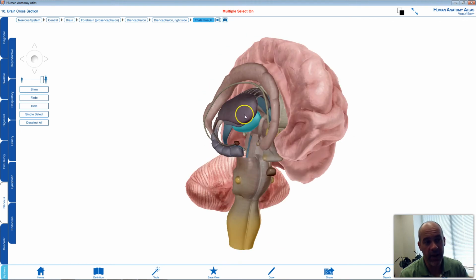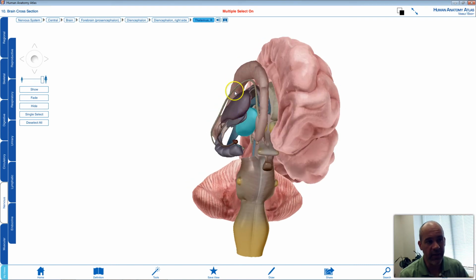So you have the cell bodies of neurons in here, and their axons extend upward. They radiate outward to different parts of the cerebrum. The thalamus helps decide where information needs to go. Now, what are some of these other colored structures that you see? Those are highlighting areas for you where you have cell bodies of neurons. Those areas have their own names.